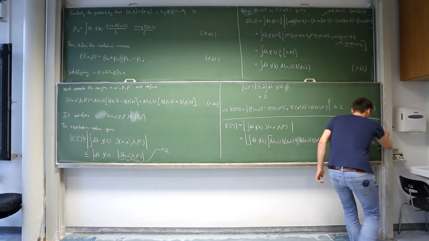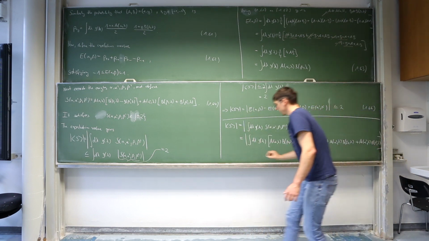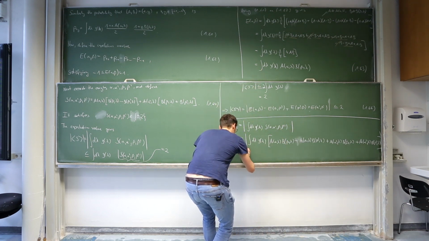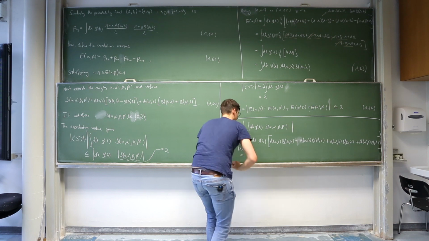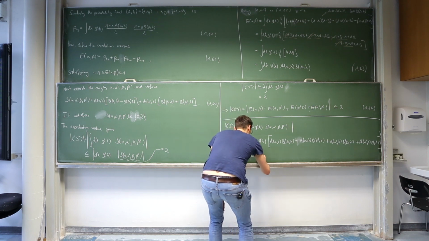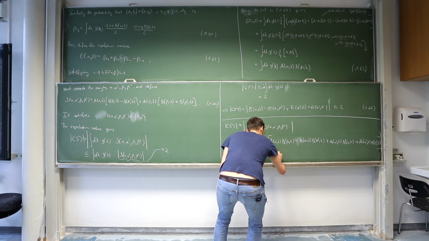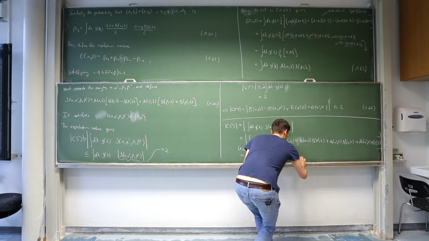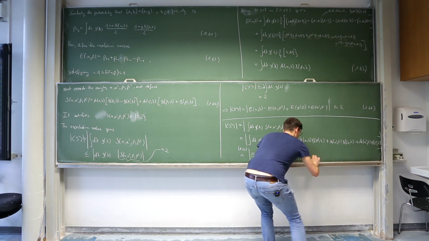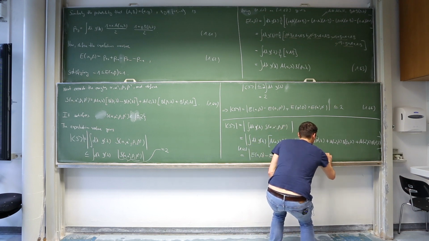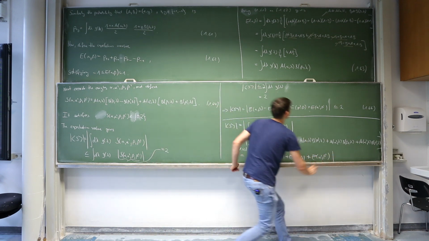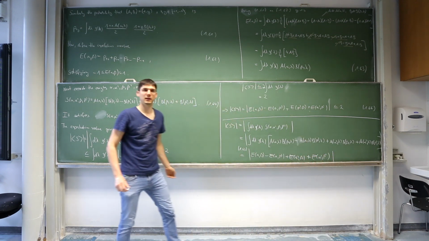Now the modulus. If I now use expression 163, this gives me E(α, β) minus E(α, β') plus E(α', β) plus E(α', β'), and this is what's written here.